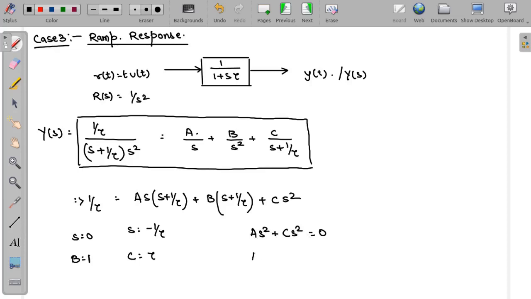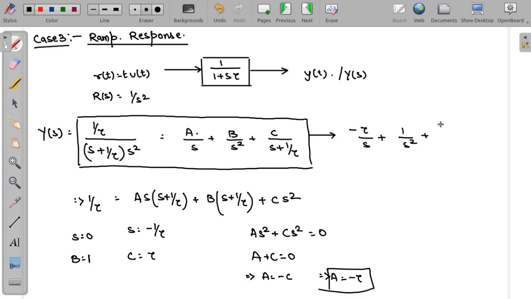So simply A plus C should be equal to 0, or A equal to minus C. Already we have C, so A is equal to minus tau. Now we have all the values, so you can put it over here: minus tau by s, plus B is 1 by s square, plus C is tau over s plus 1 by tau.